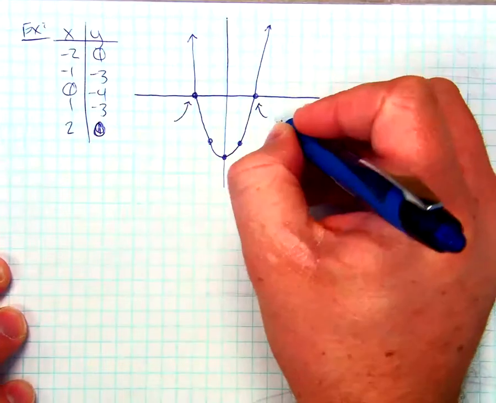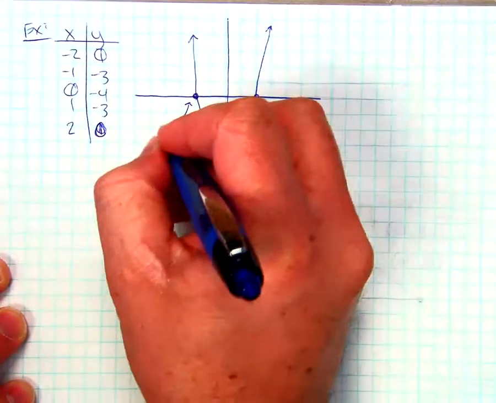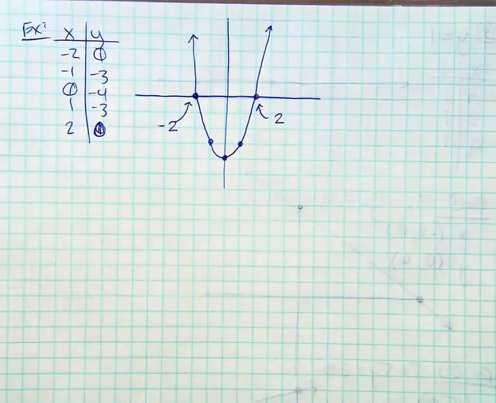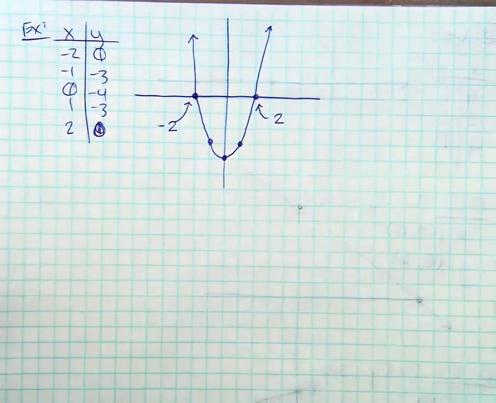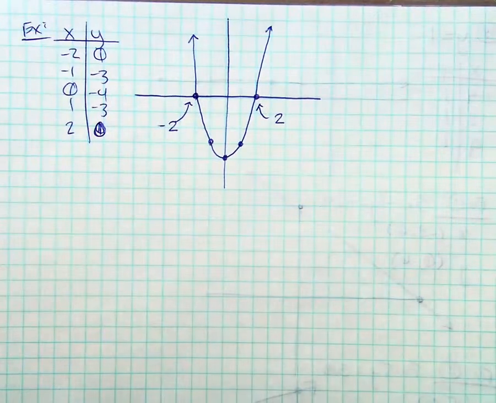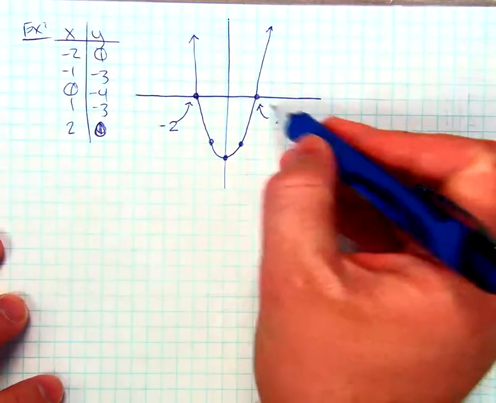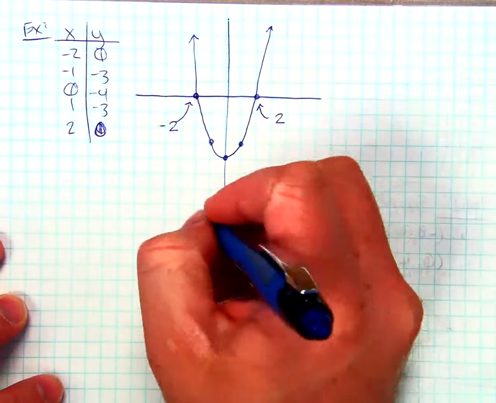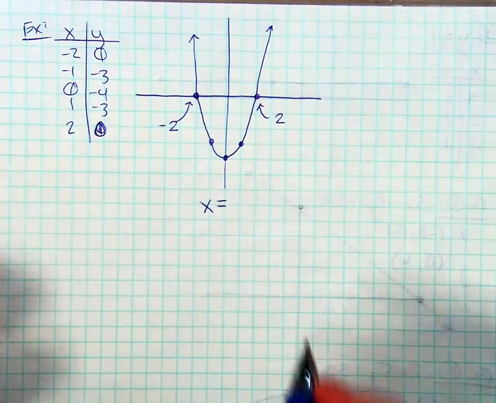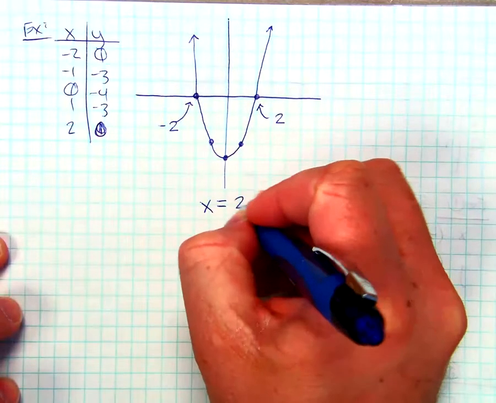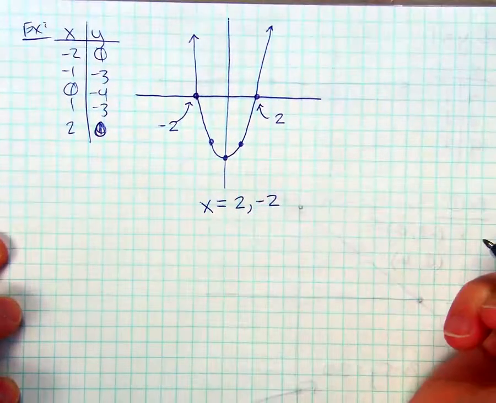We had an x-intercept at +2 and an x-intercept at -2. So back to the original instruction, solve by graphing. We graphed it, so the solving it is just saying that's where it crosses. So our final answer, we're talking x-intercepts here, so x equals 2 and -2.